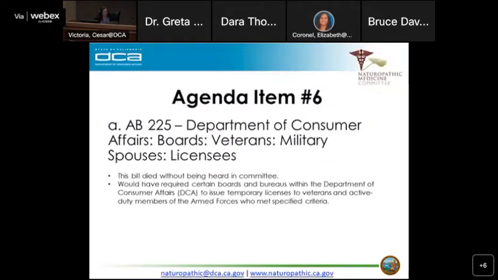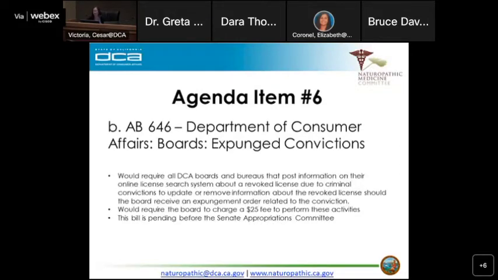All right, so if we could just go through the agenda items one by one. If the bill is no longer active, I think we can just skip that. There were two that you said were dead and were simply not active anymore. Yes, so we can go ahead and start with AB 646. This is the Department of Consumer Affairs Board's expunged convictions.